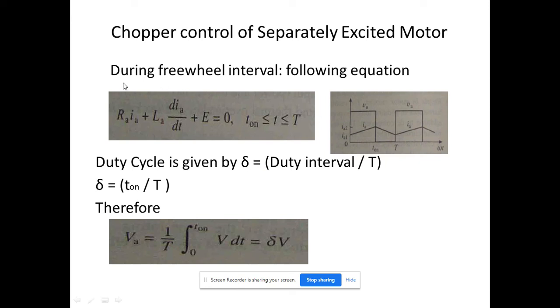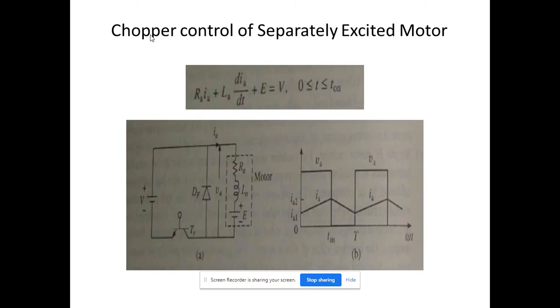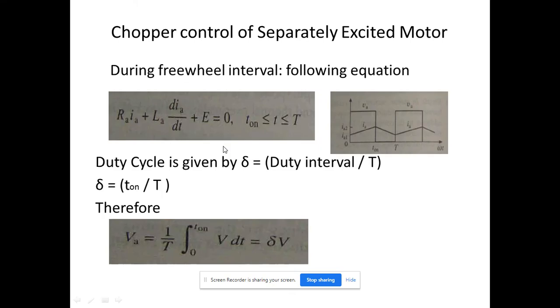See here, from T on to T time, which is called the free wheel operation or free wheel interval, the free wheel diode DF comes into existence, and the output voltage or the voltage across the motor is zero, but current continues to flow.